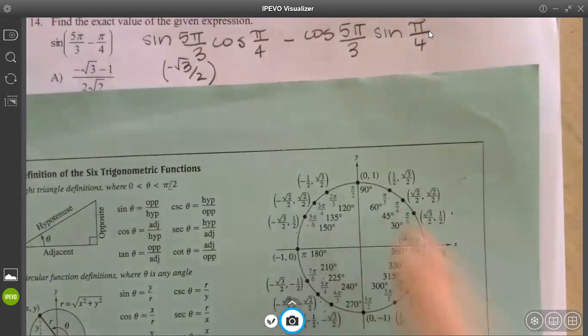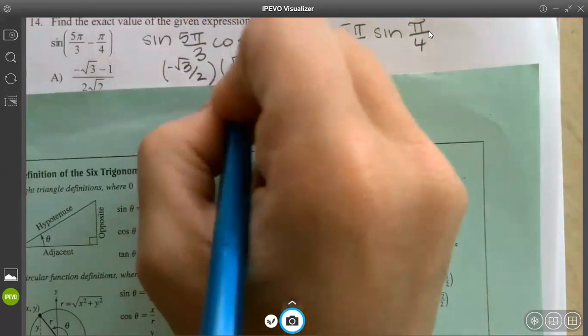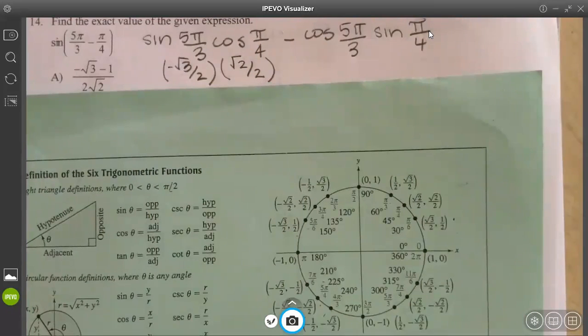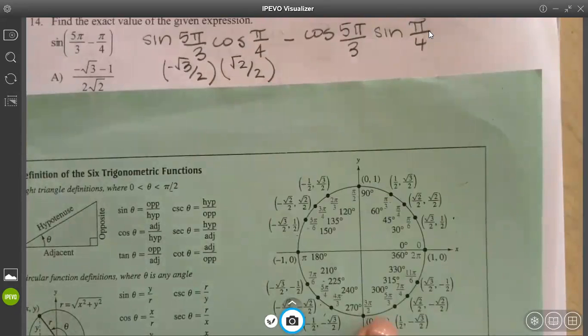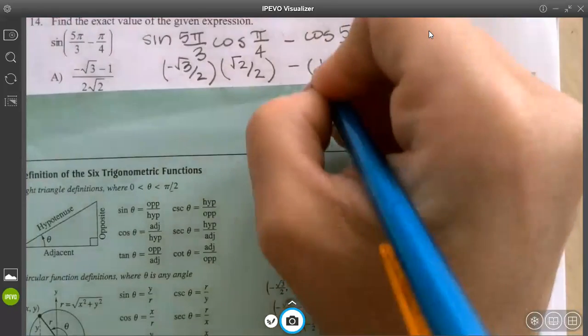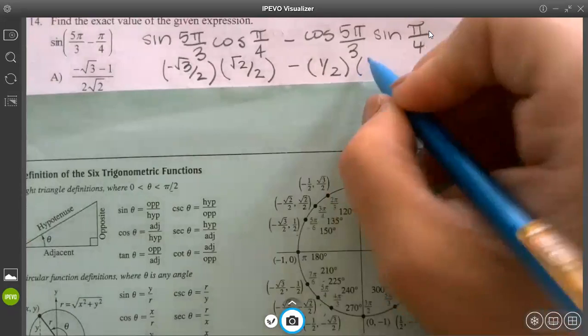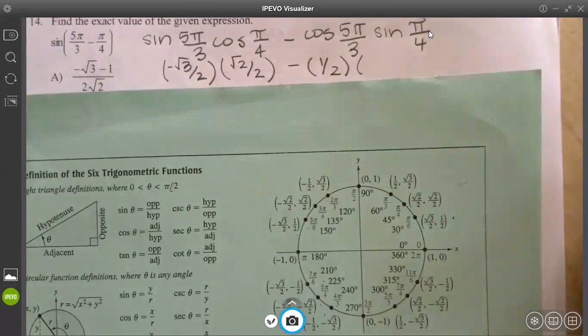What's your x coordinate? Square root of 2 over 2. Go back to 5 pi over 3. What's your x coordinate for that? 1/2. What's your y coordinate for pi over 4?